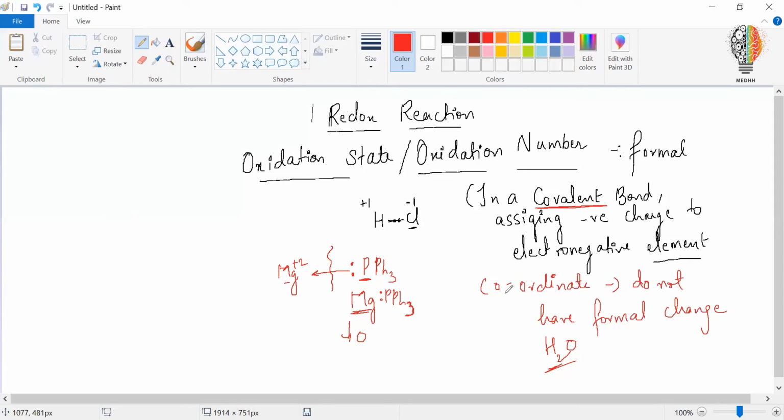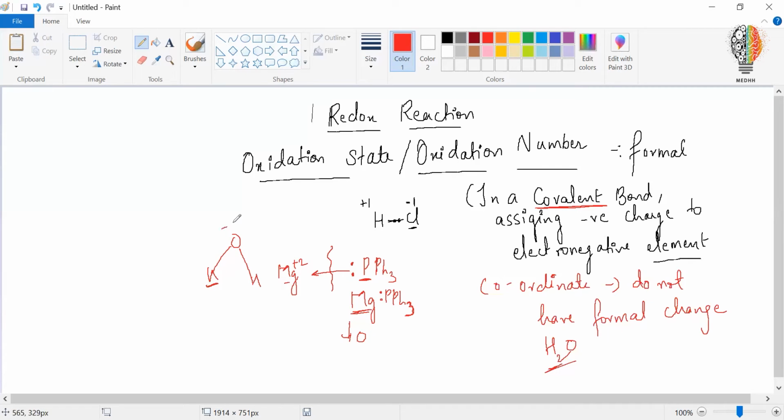Let's say I have taken this example of H2O. If I want to assign the oxidation state of my oxygen, how am I going to do it? Again, as I said, this is a polar compound. Why is it a polar compound? Because you can see there is an electronegativity difference between your hydrogen and your oxygen.